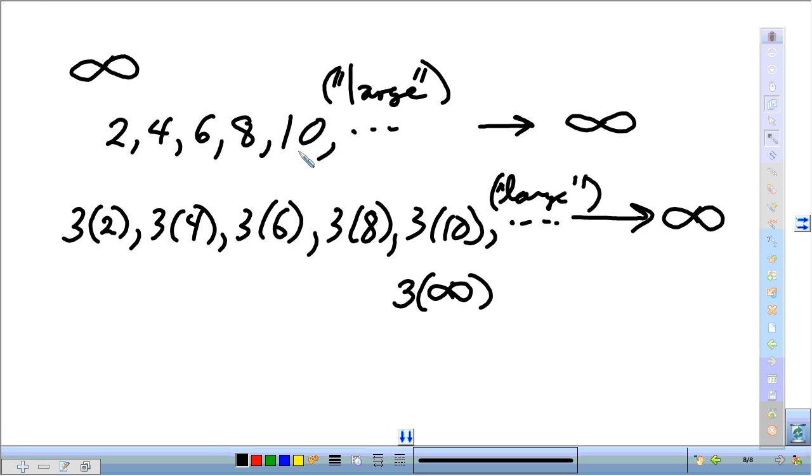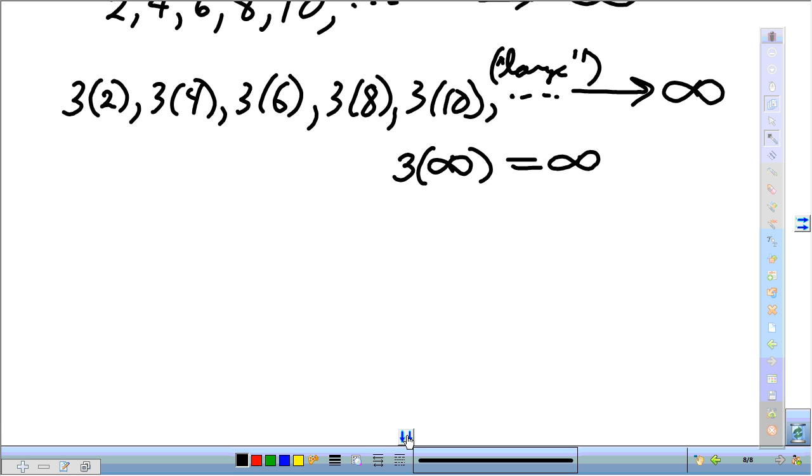We take something large, we multiply it all by 3, it's still large. So as far as conceptual infinities, 3 infinities is still just infinite. So we're going to start using this kind of conceptual infinity arithmetic.